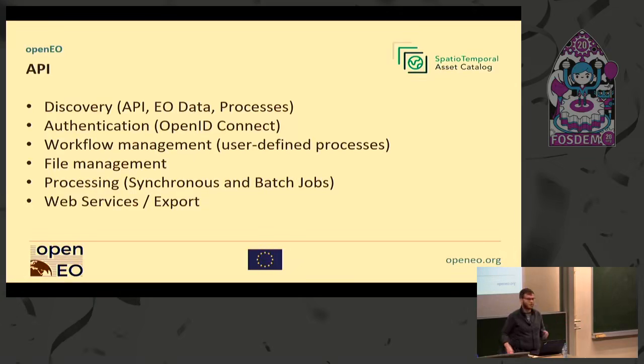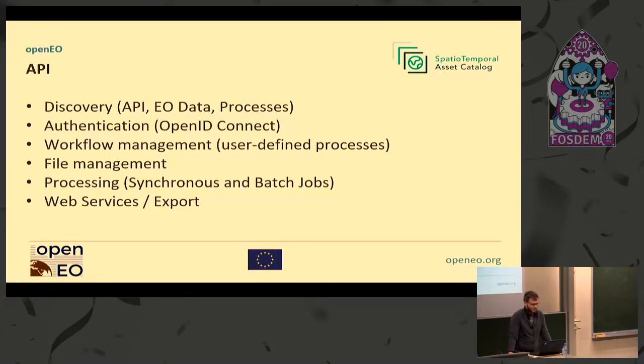That, of course, only works for limited extents and data. And for bigger things, you can use batch jobs, where you can basically also send the data to the server and then wait for whatever time it needs to process things, and then get back the results to download it again as a Stack catalog with the appropriate files in it.